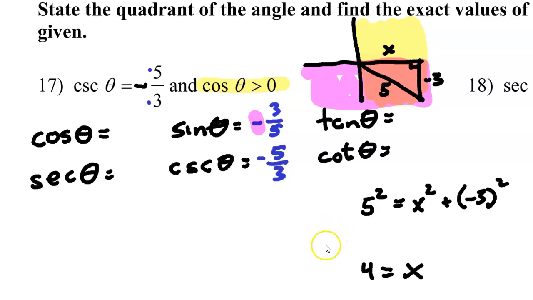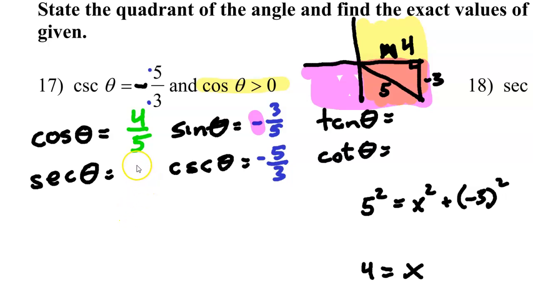It just depends. Okay, so now since I have all 3 sides, I finally know that this is equal to 4, and it is positive 4. Now I can do these other parts. Anything with adjacent, since I have 4, I can now do. So I start here: cosine is adjacent over hypotenuse, 4 over 5.